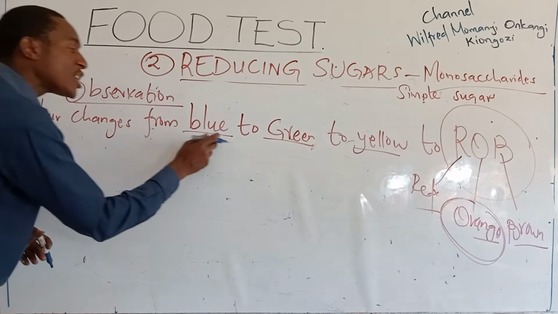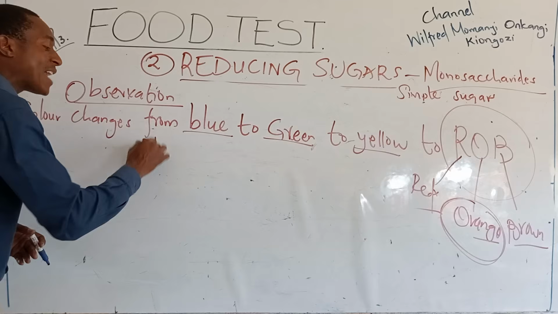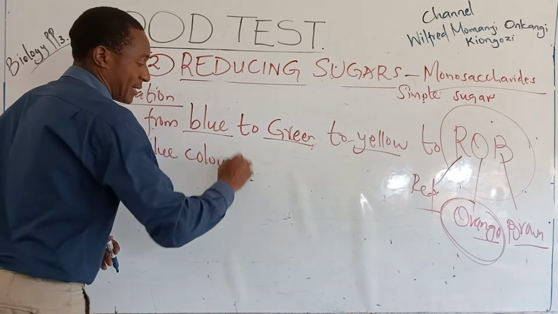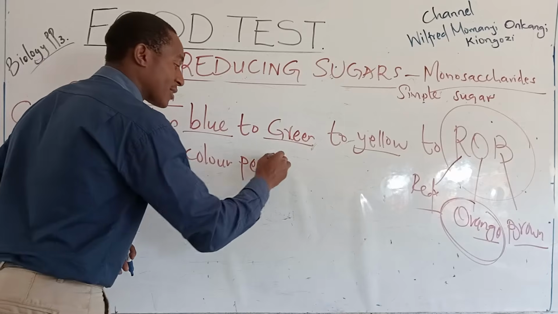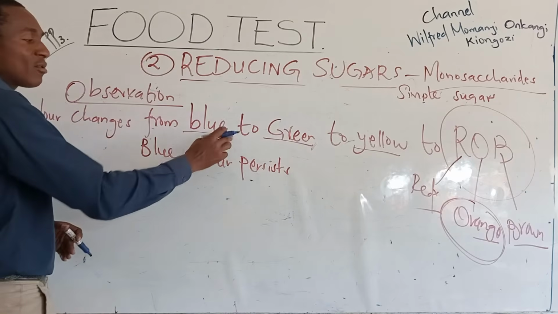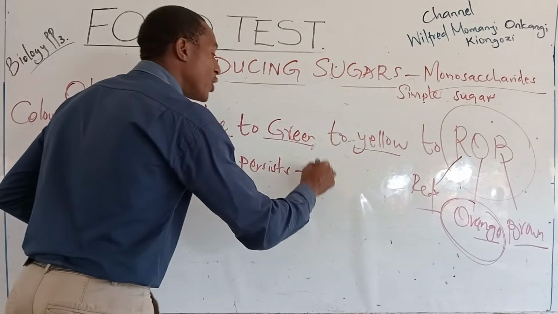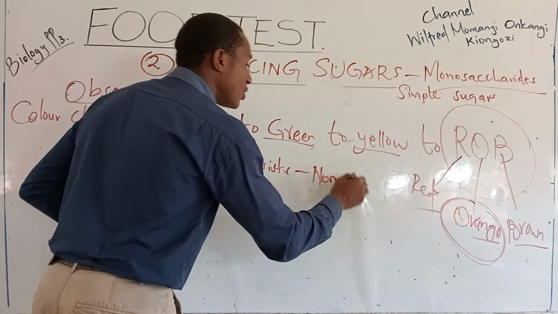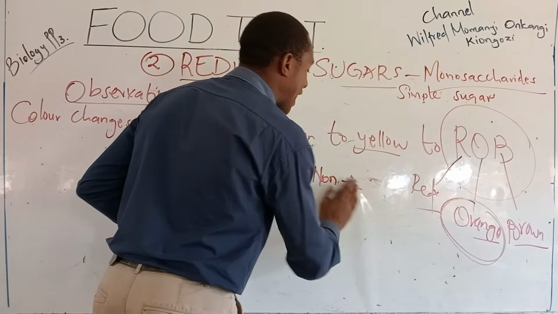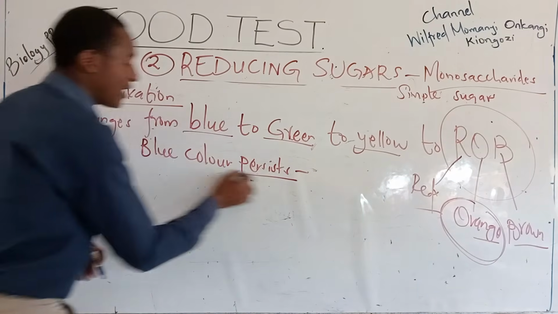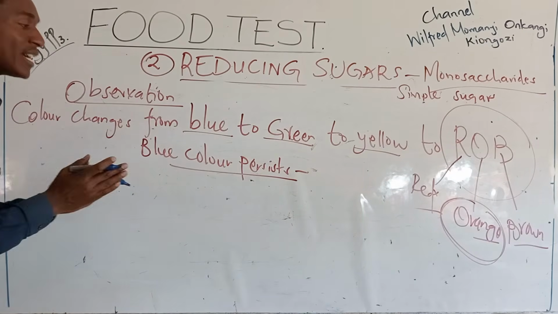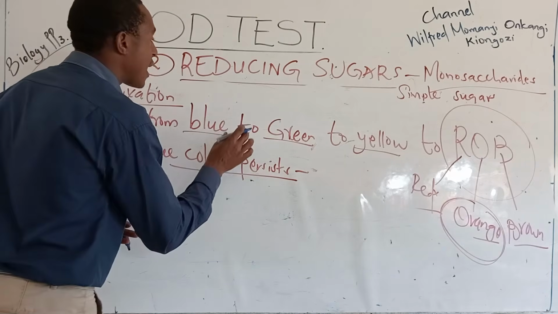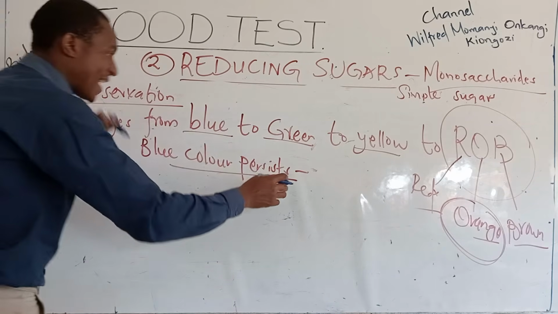If there is no color change, if the blue color persists, then no reducing sugars are present. If the blue color of the solution remains unchanged, it means there are no reducing sugars.